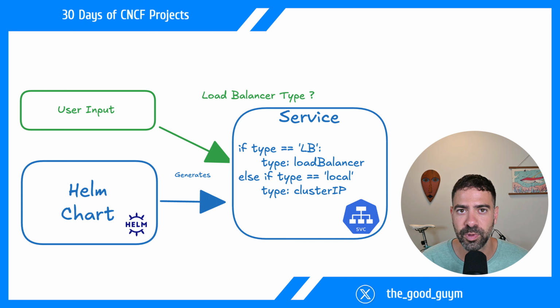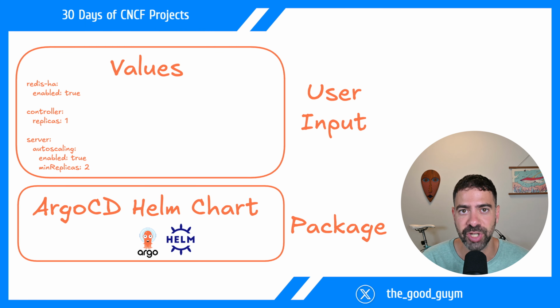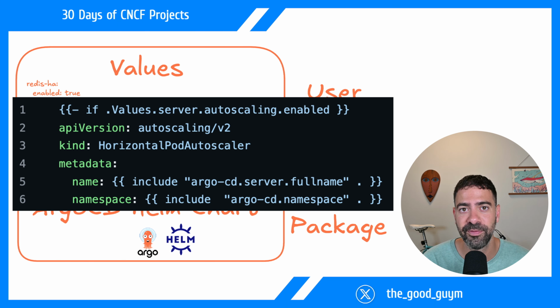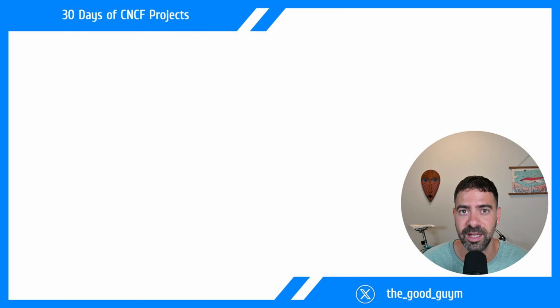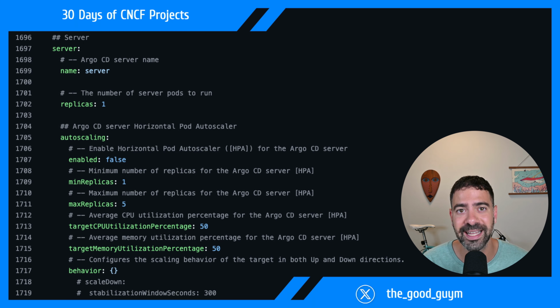So how does it work? Each chart has values. Values is the configuration that allows you to control Helm, and in the manifests themselves, you will find a templating language that allows you to control how the manifests are going to be generated. Let's take a look at an example of a values file, which has a lot of parameters that we can adjust, control, and change.